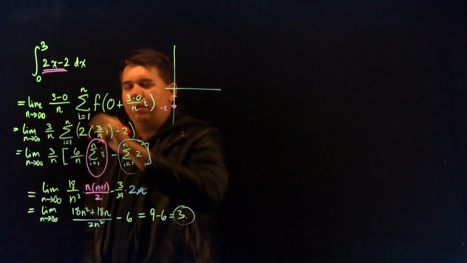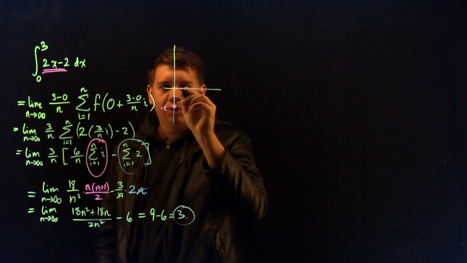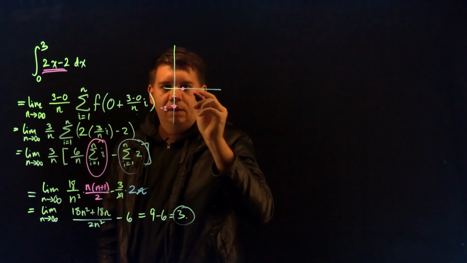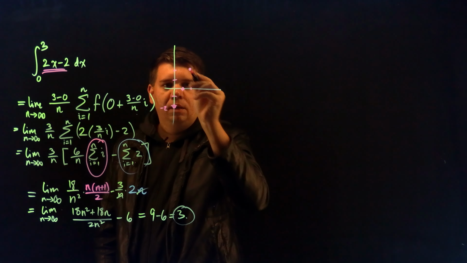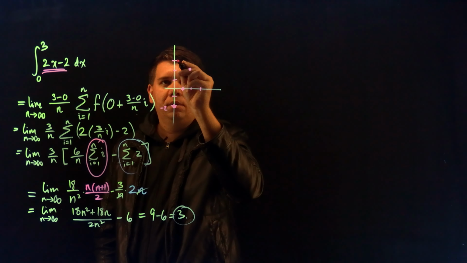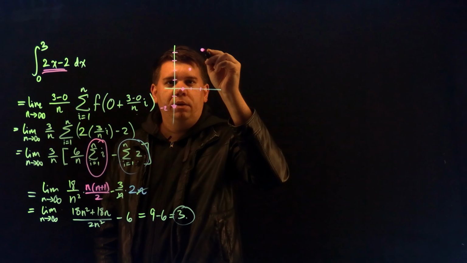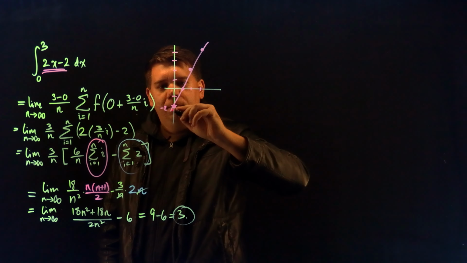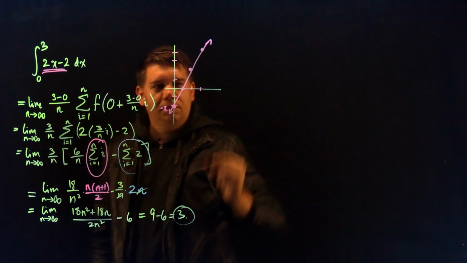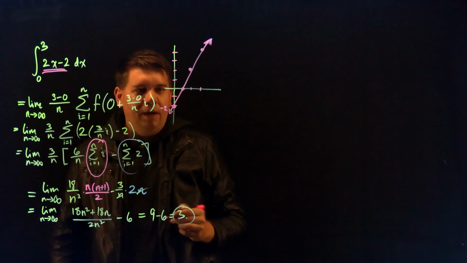And it has a slope of 2, so it's going to go up 2 over 1, and then up 2 over 1, and up 2 over 1, which now gives me something like this. That's what the graph of this looks like.